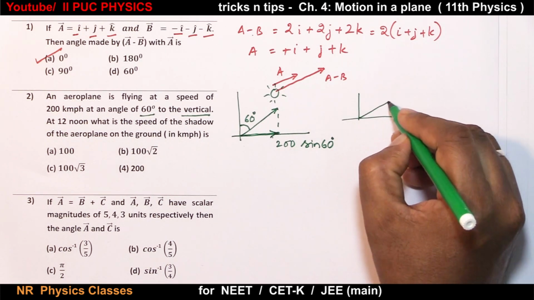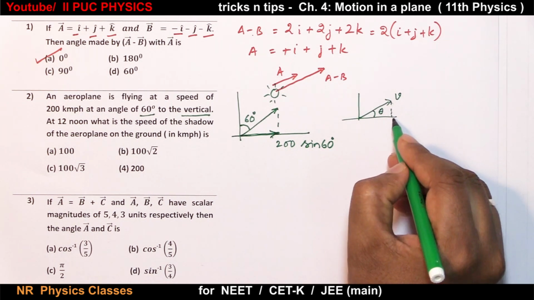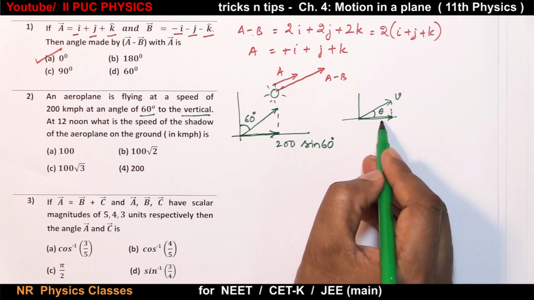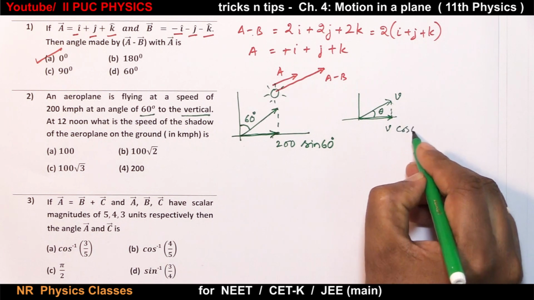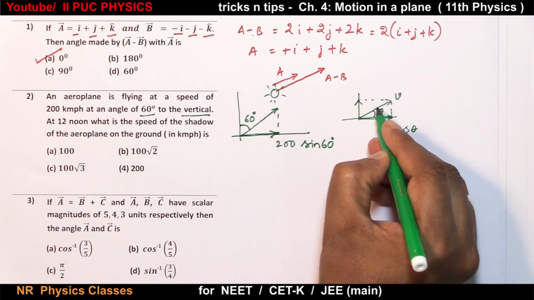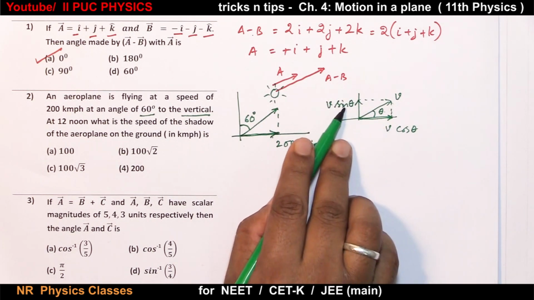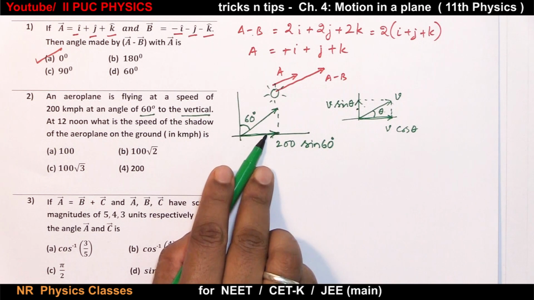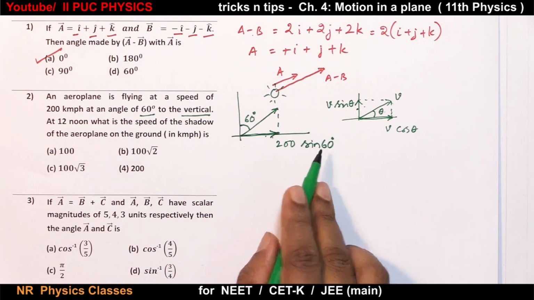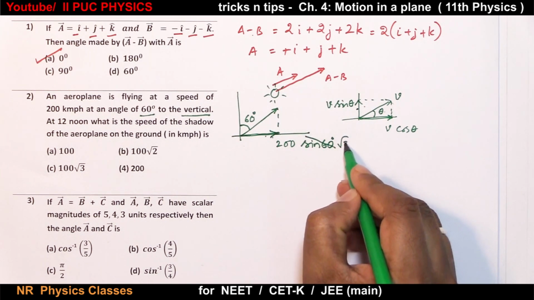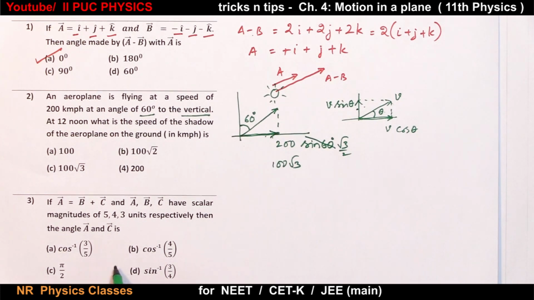If this is vector v and this is theta, the x component, the component closer to theta, will be v cos theta, and the other component, away from theta, is v sin theta. So this component is away from theta, therefore 200 sin theta. Sin 60 is root 3 by 2. Therefore 200 by 2, 100 root 3.